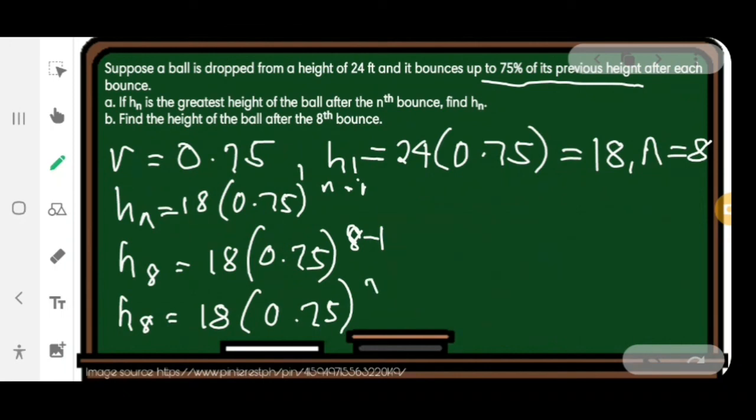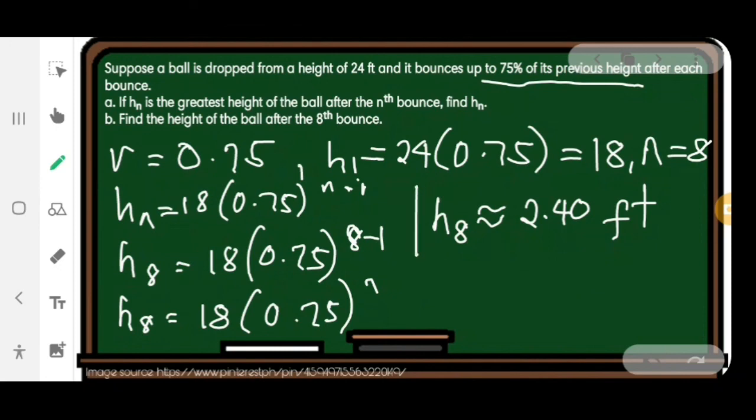Now 18 times 0.75 raised to 7 is equal to 2.4270961, or approximately 2.4 feet.